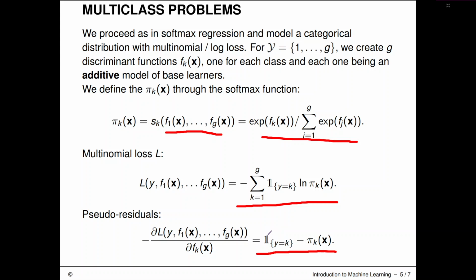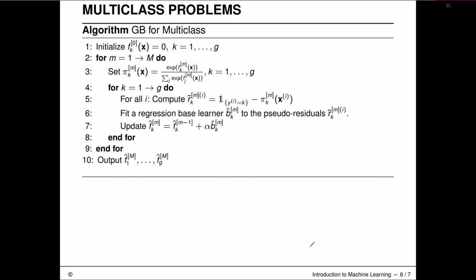So this is basically a 0,1 encoding for class K minus the probability that was predicted for class K. So this is a straightforward generalization of what happened with Bernoulli loss in two classes.